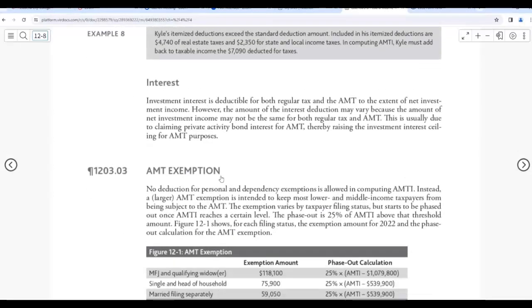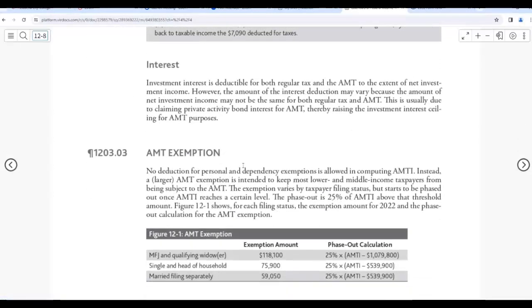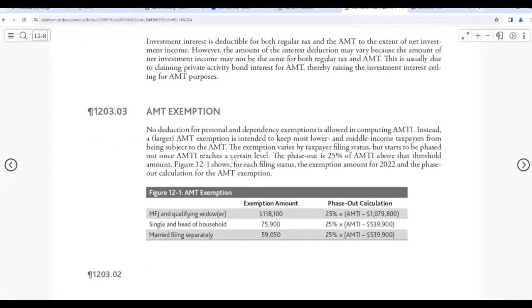You can read that. We will cover that when we get to the example. Remember I said AMT has an exemption given by the IRS as a holiday gift, just like the standard deduction in the 1040. Same thing, we have an AMT exemption.